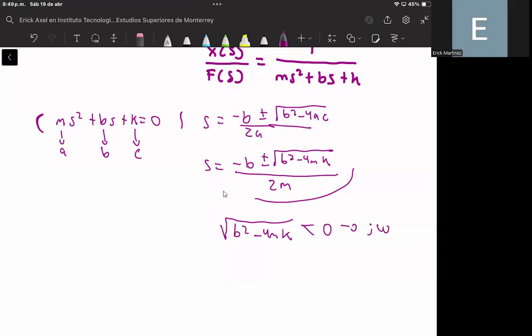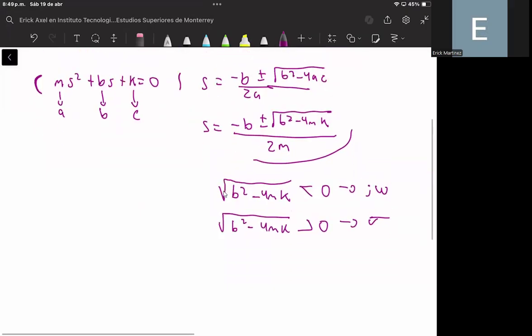But if the value inside this root is greater than 0, that means that I will not get an oscillatory behavior, and I will get only a damping behavior for the system. This depends mainly on the values of the damping coefficient and the constant of the spring.